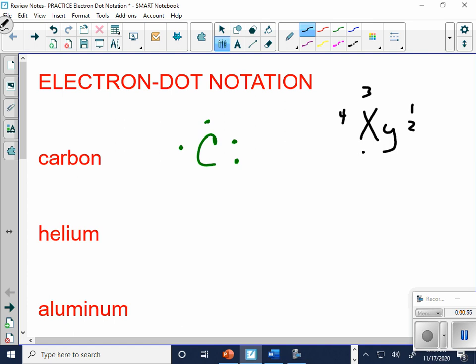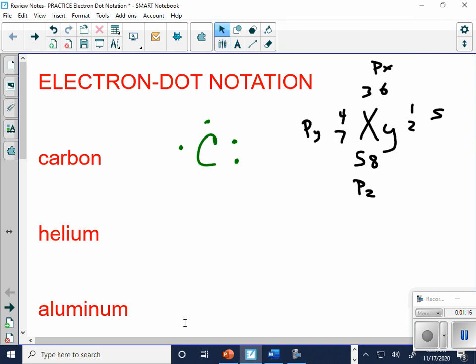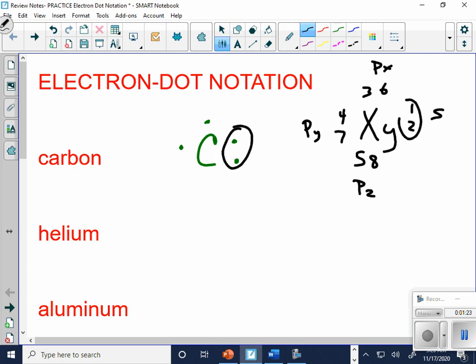Here's 4 dot. 5, 6, 7, 8. They followed that order based on Hund's rule for the PX, PY, and PZ. This one represents the S. Okay? So that's why carbon has 2 right here, because the 1, 2 of the S over here.